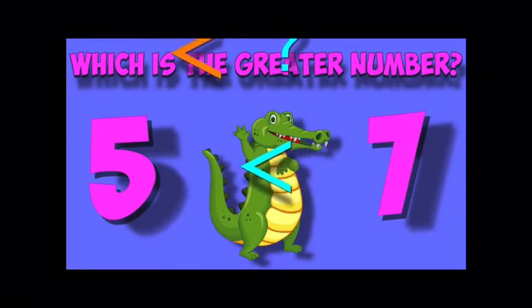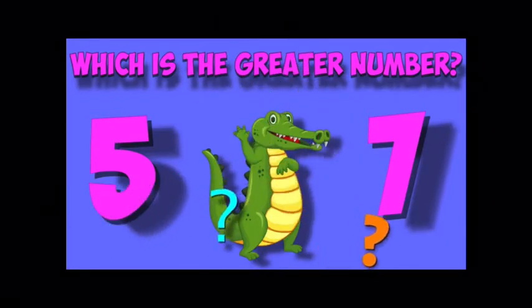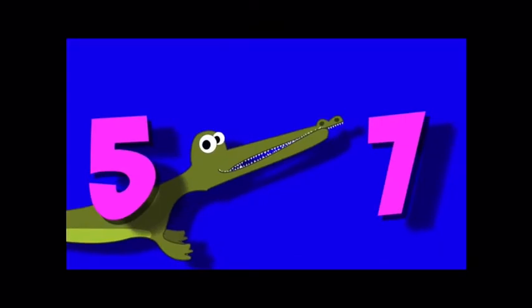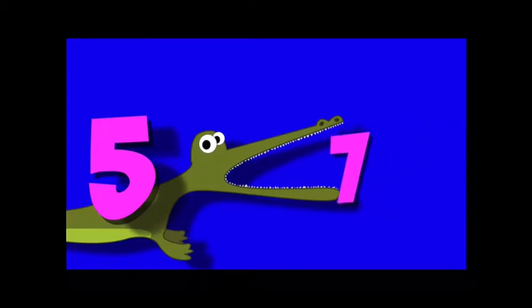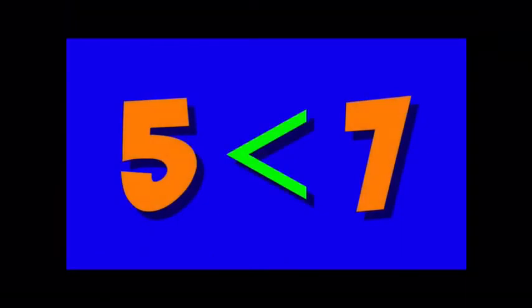Now he's gonna eat the 7 because it's greater than 5. He always eats the greater number. When you use a less than, greater than sign to compare numbers, the open or wider side is facing the greater number, and the smaller side points to the smaller number. It looks just like the alligator's mouth.